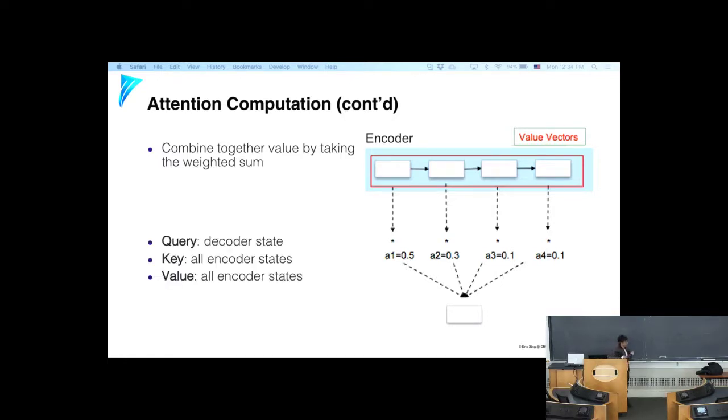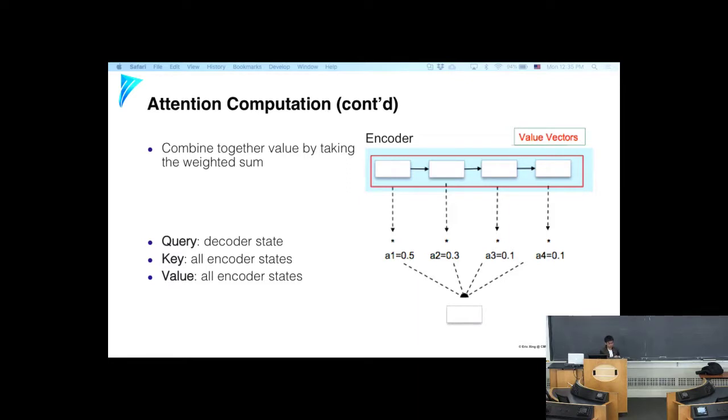The first step is to use a query vector to compute the alignment scores and the attention distribution with regard to the key vectors. Here in machine translation, the query is the decoder state, and the keys are all the encoder states. The second step is to use this resulting attention distribution to compute a weighted sum of the value vectors. Here, the value vectors are the encoder states.